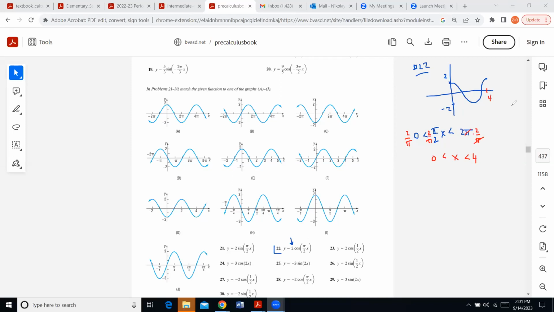So I just need to make sure that 4 is present and it's not in the first row, and I can see 4 someplace here for the graph that starts up here at 2 and ends at 4, just like that. So this is my exercise 22. So it looks like letter E is what we have corresponding to it.